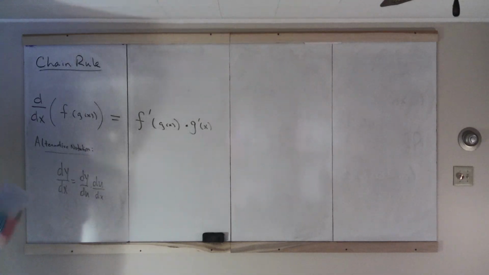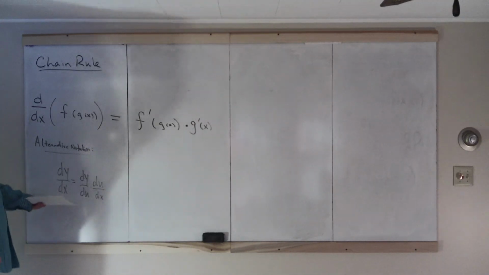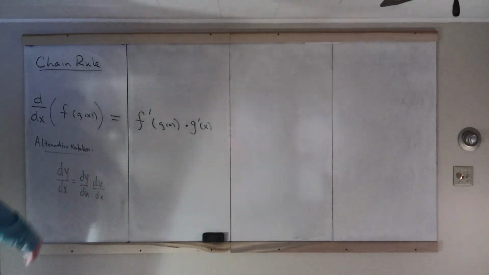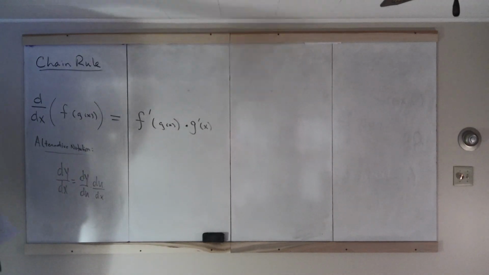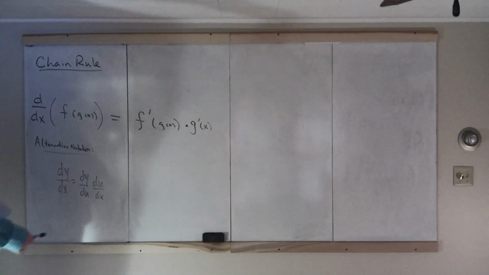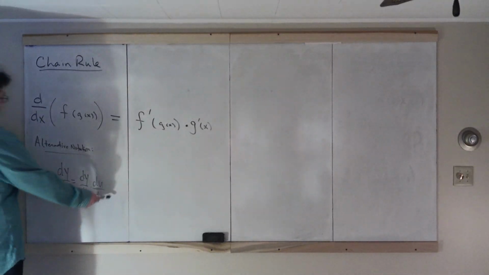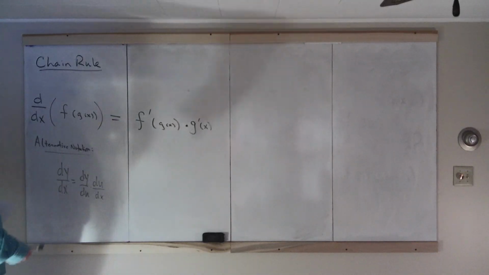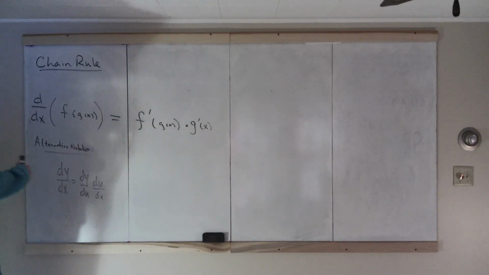The chain rule in Calc 3, for example, looks like this, except this type of thing shows up twice. And in that case, you'd get dy/dx equals dy/dx plus dy/dx. 1 equals 2, which is not true. So it's not a fraction, but we can use conveniences of fractional notation to find the derivative using chain rule.